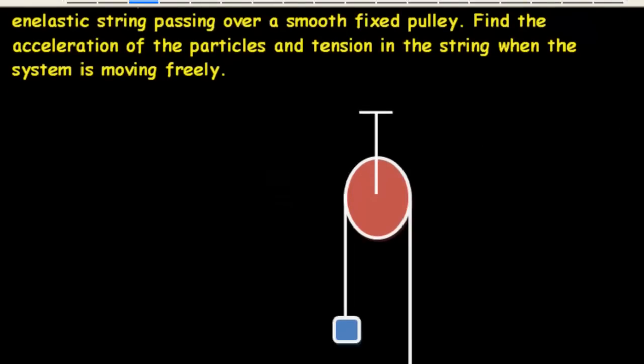So here we have the fixed pulley, and the mass of one object is 5 kg and the mass of another object is 3 kg. The string is inelastic and the pulley is smooth.